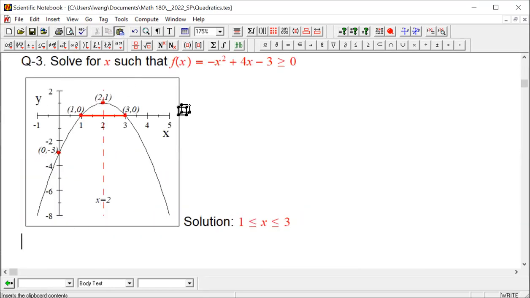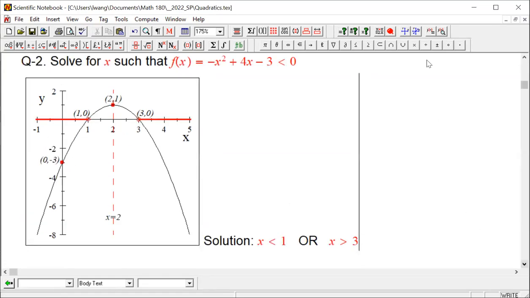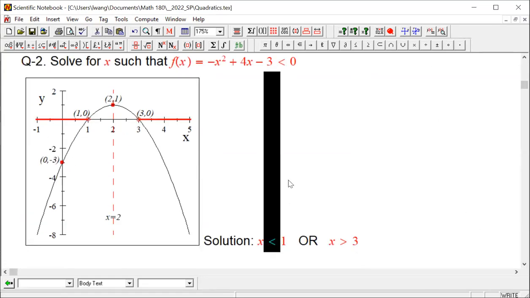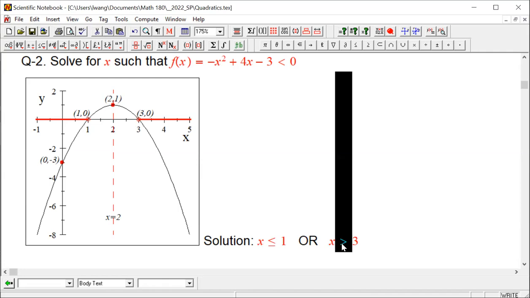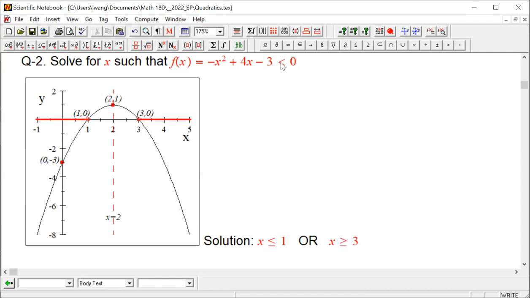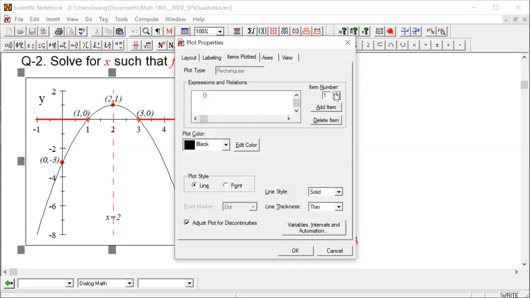Well, question number 2, we can make it a new question. You can see how these questions can be created. If this is asked for less than or equal, those inputs would include 1 and 3. So I just have to change the circle to dot.